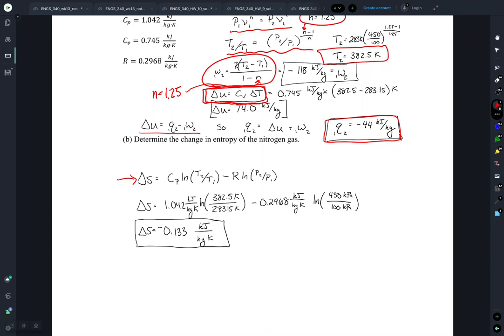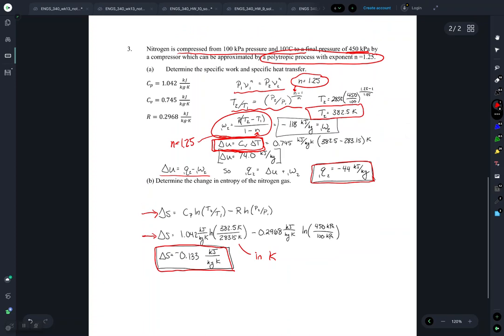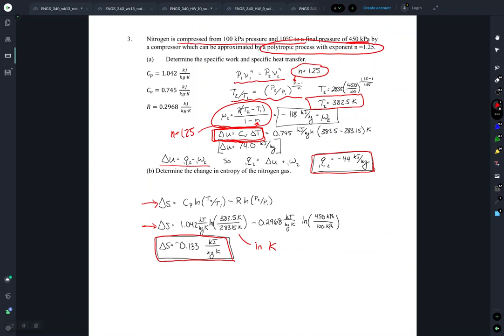So for this one, we know temperature and pressure, so we'll choose this temperature-pressure version, and then simply plug in the different values, making sure that temperatures are in Kelvin, and that can give us a final change in entropy. This is a negative value, that's okay. We're allowed to have negative values so long as we had a bigger positive value somewhere else. We're just looking in this case at the change in the entropy of the gas.